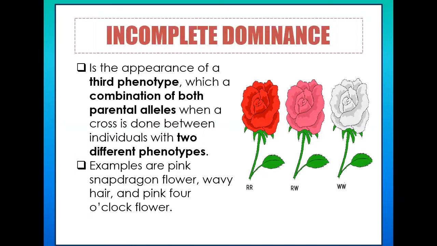Examples of incomplete dominance pattern of inheritance are the pink snapdragon flower. We have that kind of flower in the Philippines. Wavy hair is produced between a parent with straight hair and curly hair. So wavy is the one produced, that is incomplete dominance. And your pink 4 o'clock flower.